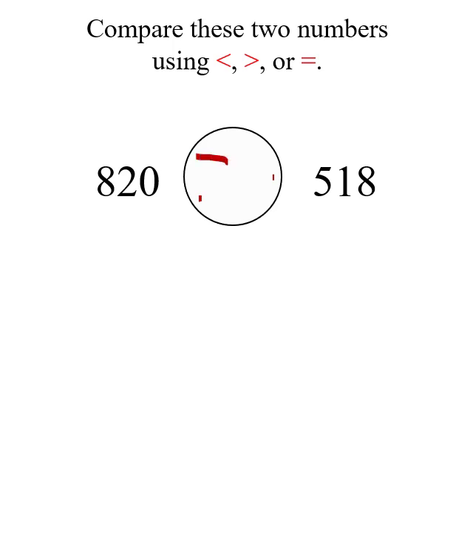And now I'm going to connect those lines the best I can with my mouse. And now I can read it going across. 820 is greater than 518. If you remember that alligator, here's his wide open mouth trying to eat that bigger number. So 820 is greater than 518.